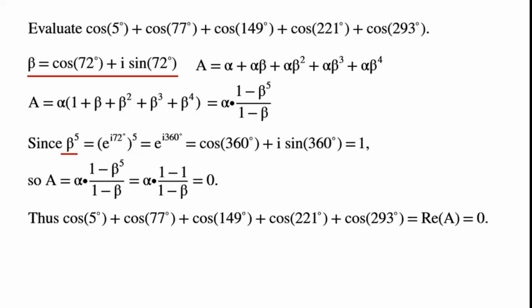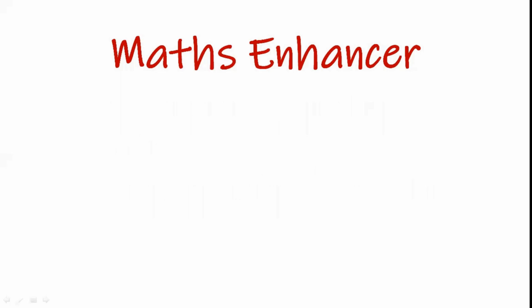Thus, cosine 5 degrees plus cosine 77 degrees plus cosine 149 degrees plus cosine 221 degrees plus cosine 293 degrees is equal to the real part of A, which is equal to 0.